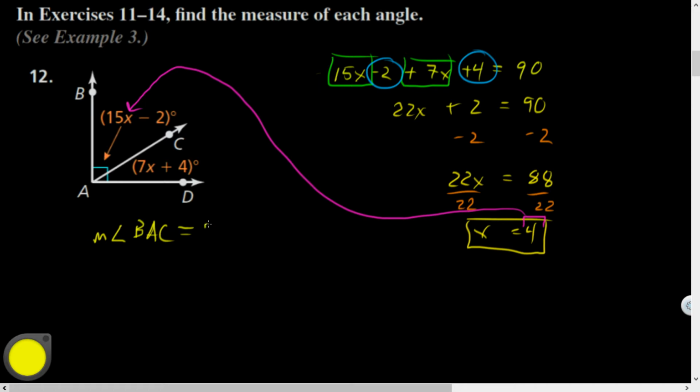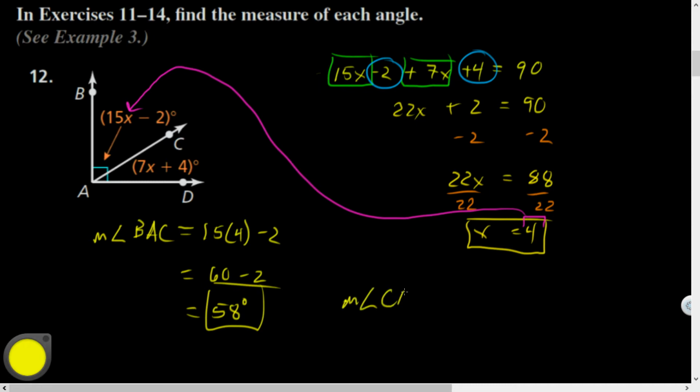That's a way I can relate them. So I'll have 15 times 4 minus 2. 15 times 4, that's 60, minus 2, 58 degrees is that one. And then I could just do 90 minus 58. That's 32 degrees is the other one. So the measure of angle CAD, or DAC, is going to equal 32 degrees. All right, so that's those two.